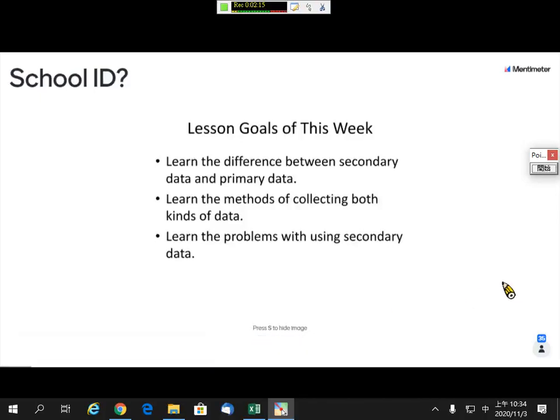Have you all typed in your school ID? We have 35 students here, but we have more students than this. Please hurry up. You need to have the program. Anyone? Yes, you need to type in. Hurry up. We have 41 students, but we have only 37 answers. That's strange. What's wrong? You need the code?